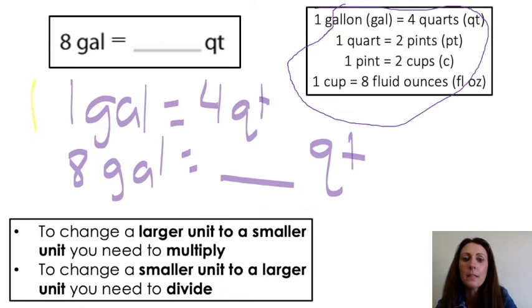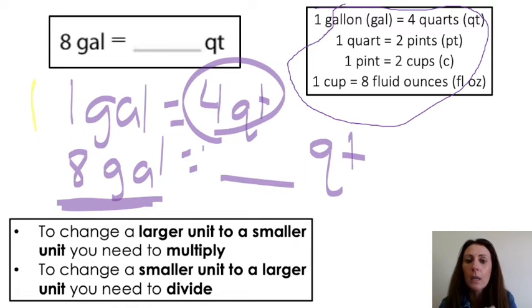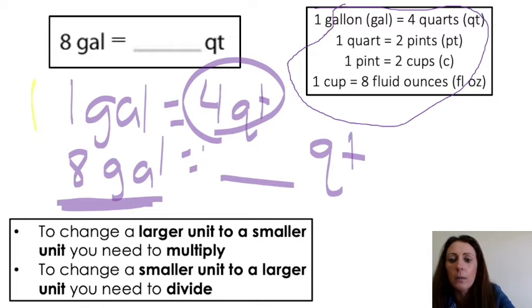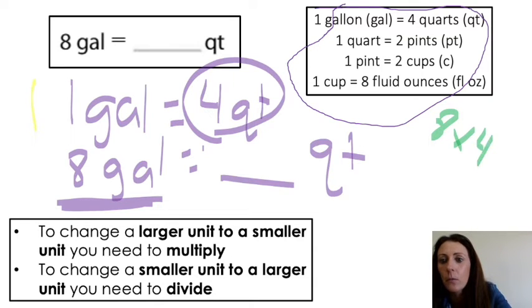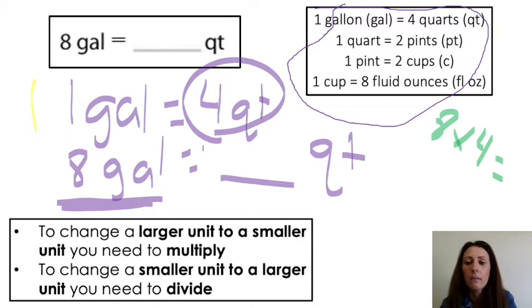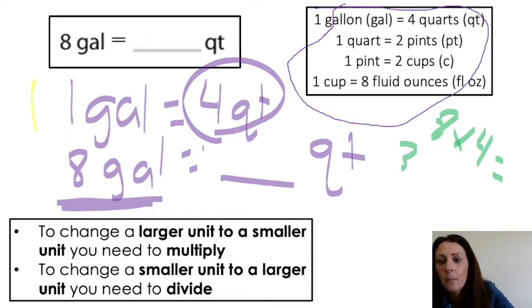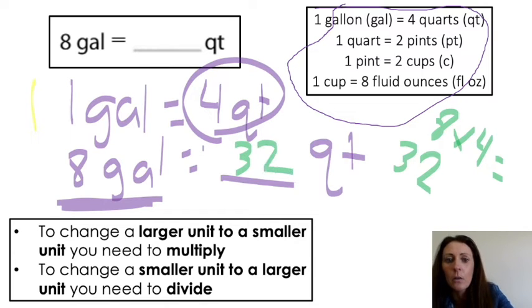Okay, right, so I'm going to take this 8 gallons and multiply it by 4 because there's 4 quarts in a gallon. So 8 times 4 would be what? I'll do that over here for you if you need it on the side. 8 times 4 is what? 32, right. So my answer would be 32 quarts.